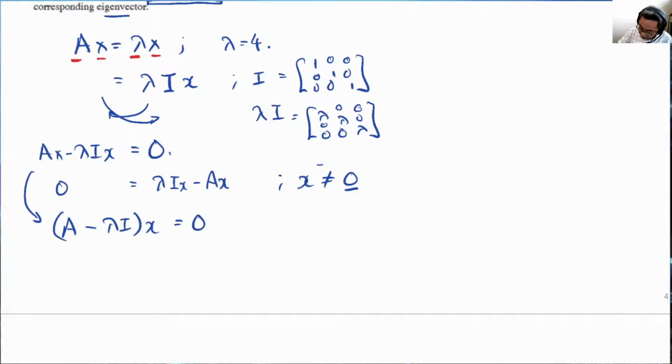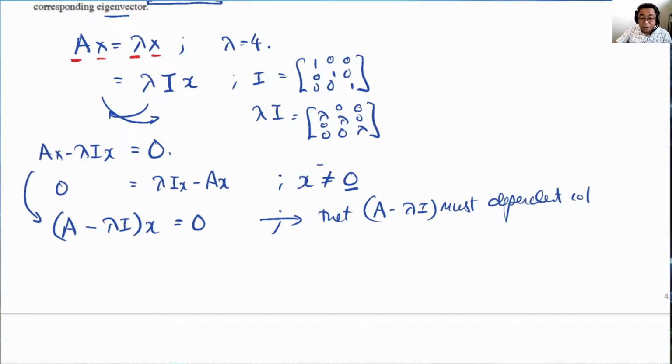For x not being the trivial solution, this equation implies that A minus lambda I must have dependent columns, because we're trying to find the null space, which is the solution of A minus lambda I x equals 0.